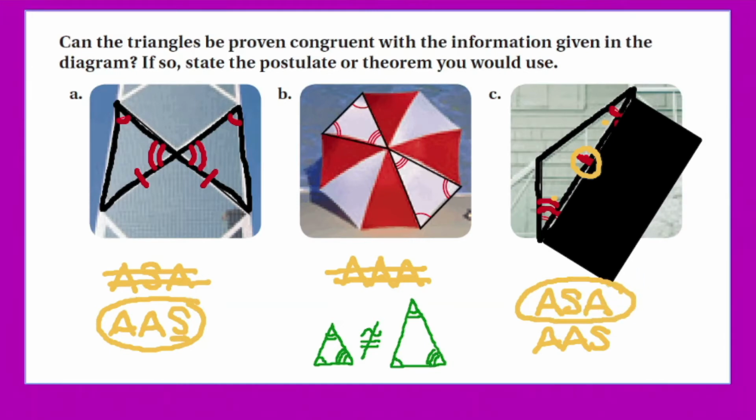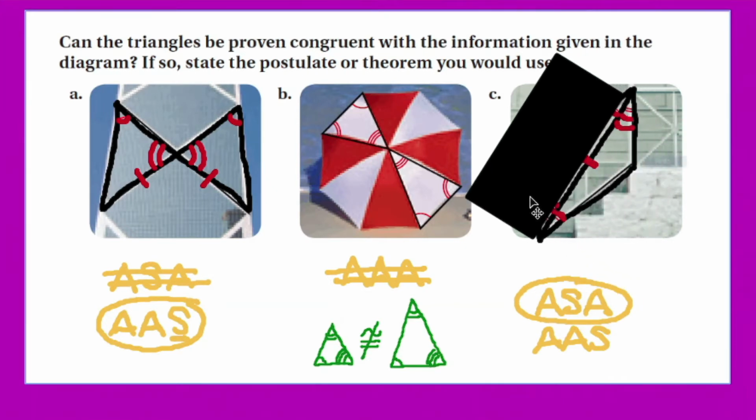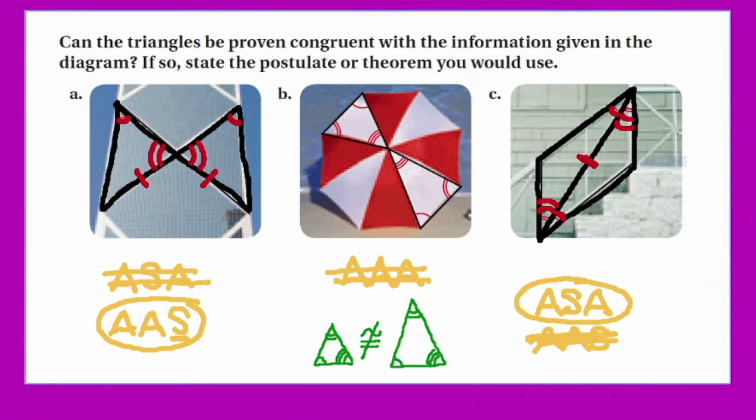It's the included side, the side that touches both of those angles. And it's always a good idea to check the other triangle too. Same situation there. That side that's marked is between the two angles. That side is touching both angles. So that is definitely angle-side-angle, so those two triangles would be congruent to each other.